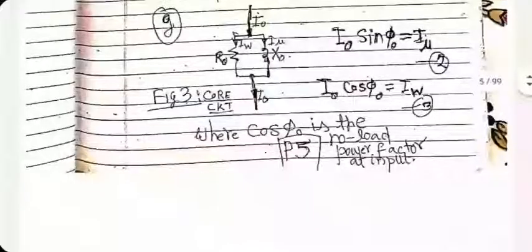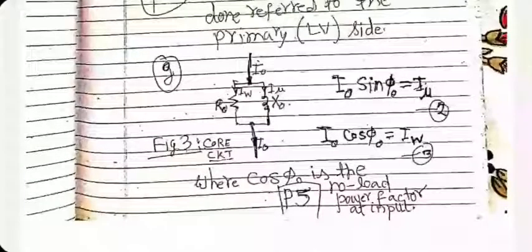So using that and these equations, you can actually figure out the current being used for magnetizing the core and current actually being lost because of resistive behavior of the core.